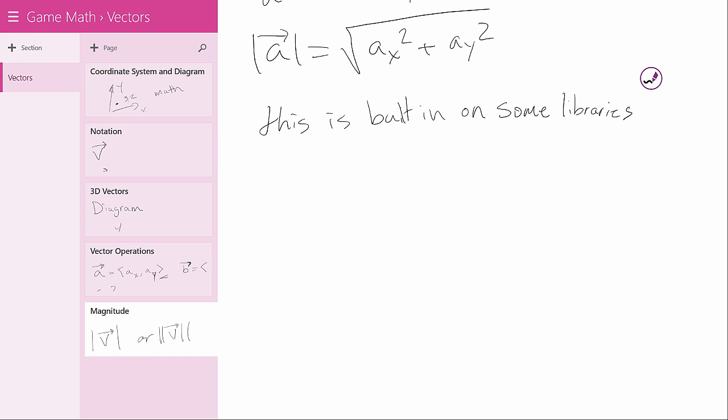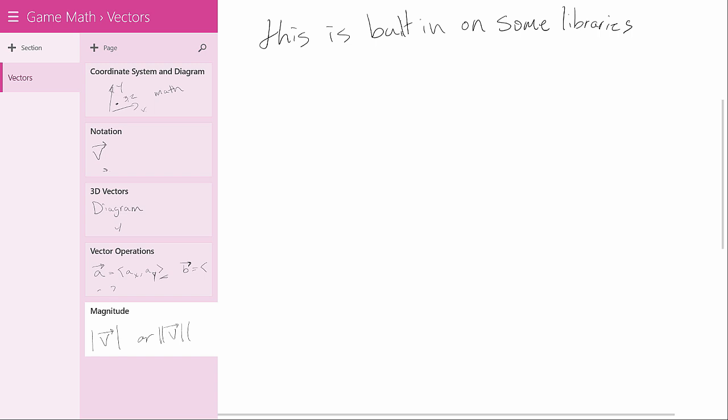On some other things, you might have to code it yourself, and that is the mathematical way to create the magnitude of the vector.